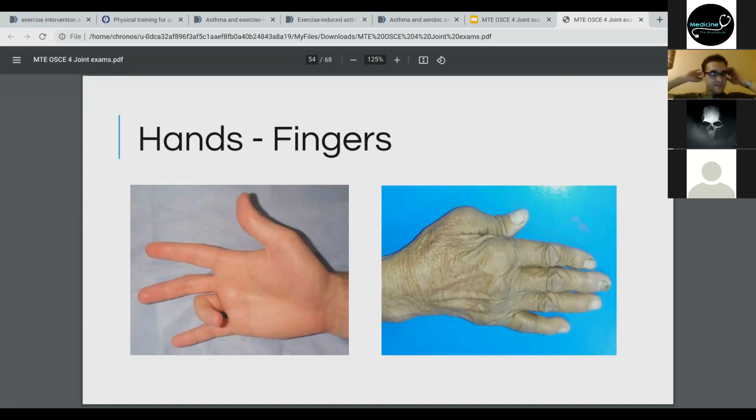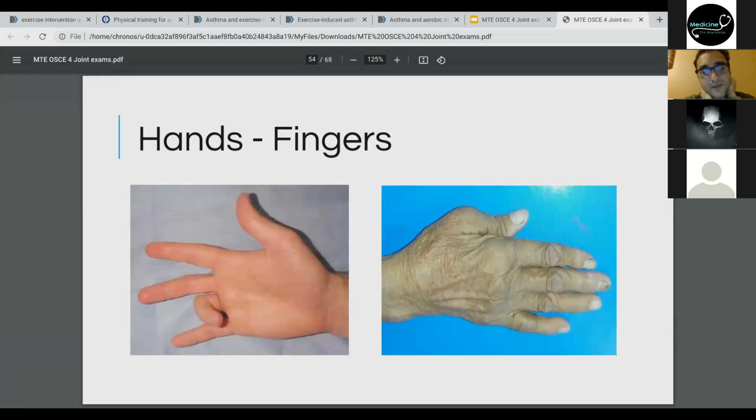Okay, can anyone tell me about the patient on the left? Just tell me the diagnosis. Someone's written trigger with lots of exclamation. Perfect, love the enthusiasm. And then the patient on the right. Someone's written OA.